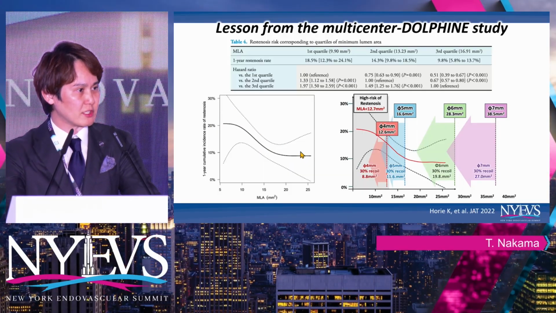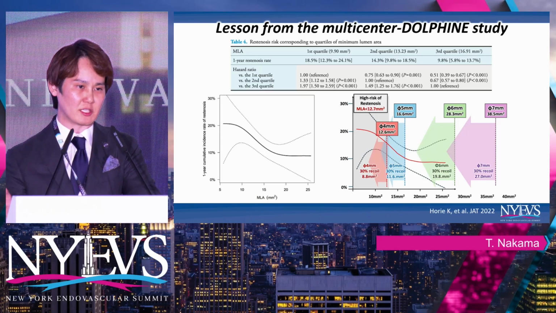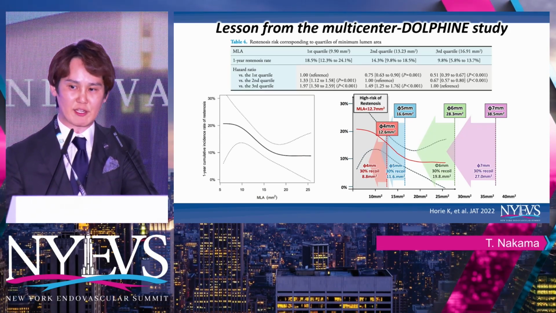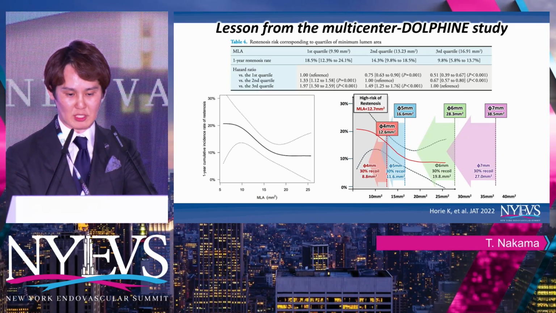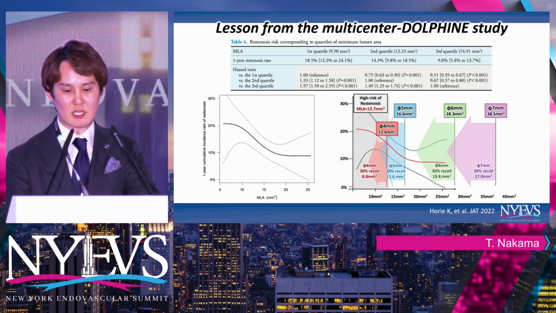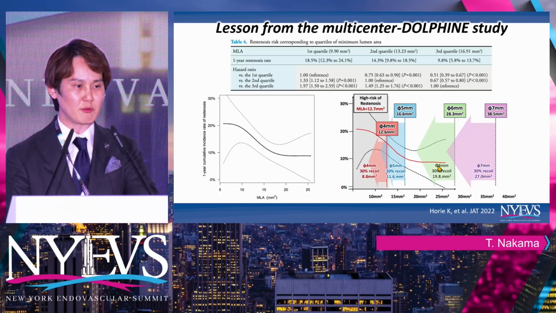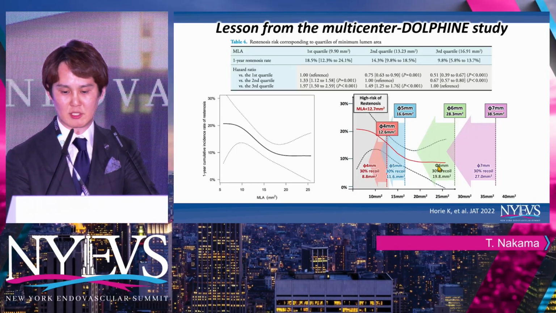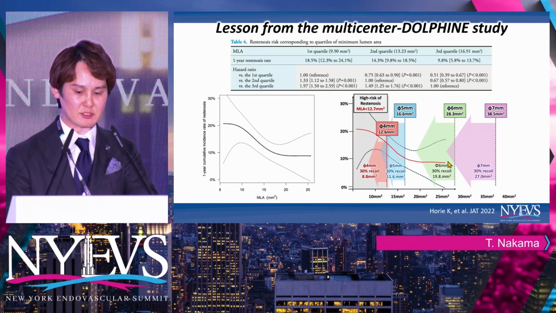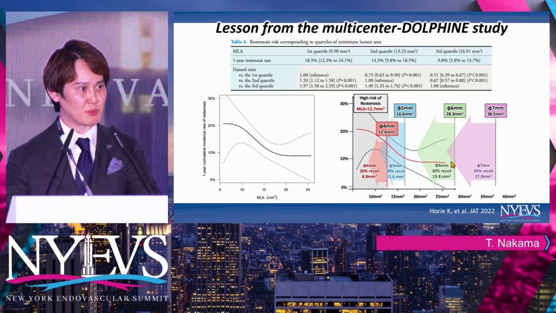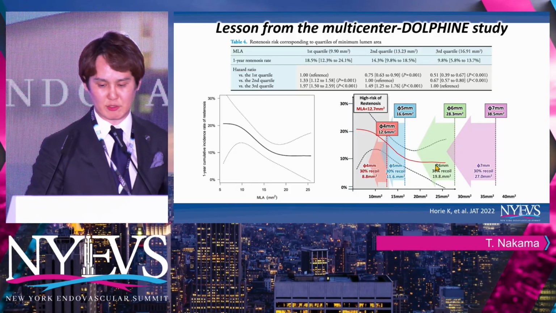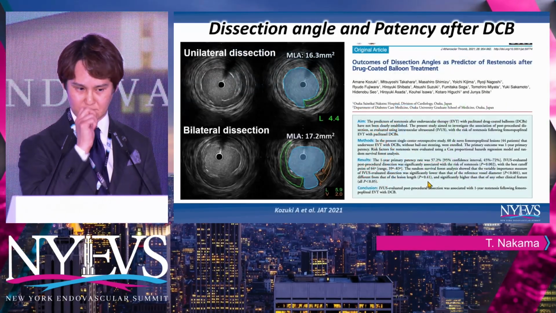Therefore, use of an adequate size balloon and achievement of an adequate luminal area is very, very important to both strategies. Especially for the balloon-based strategy, DCB strategies, we always have to consider the recoil. Therefore, use of a larger size balloon, especially around 6 millimeters, is very important.